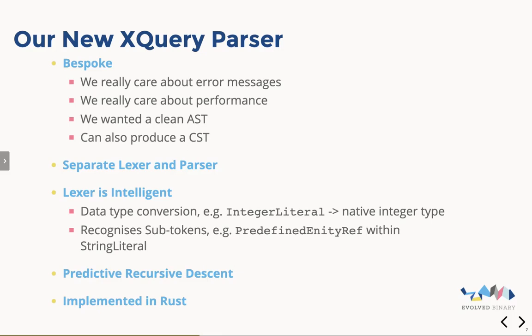Speaking of implementing it in Rust, I would be remiss if I didn't mention that we have struggled with Rust. Whilst we have a lot of experience of different languages between our team, Rust was new to all of us. And it is different enough from anything else that we've done that we did have some pain.